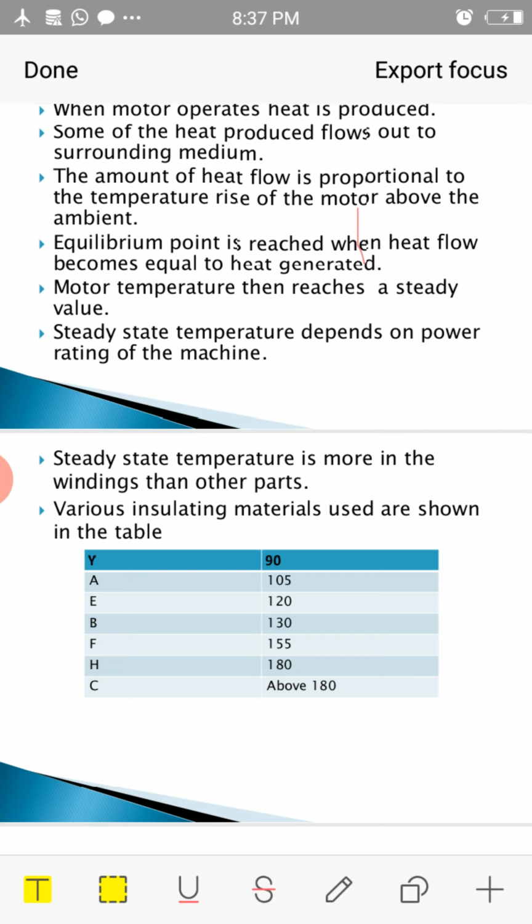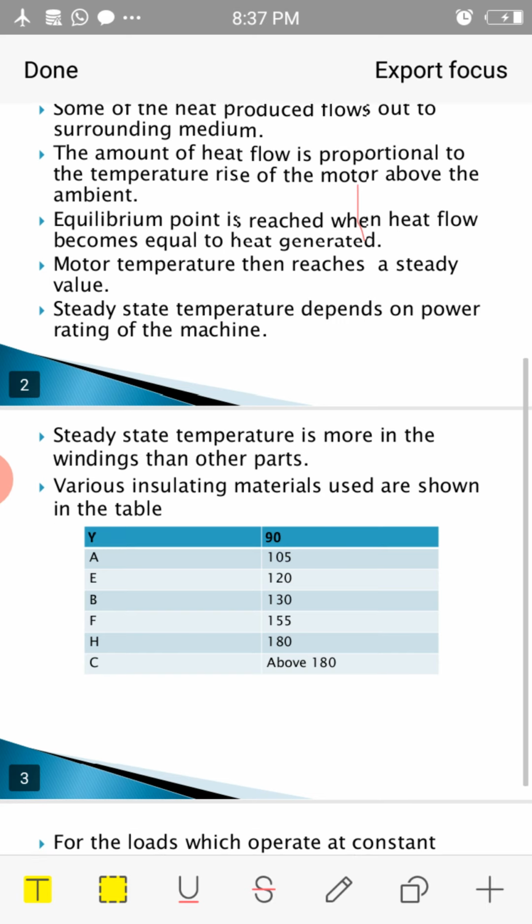Then we say that the equilibrium point is reached, and the motor temperature becomes constant, steady. That temperature is called the steady state temperature of the machine, and it depends upon the rating of the machine.